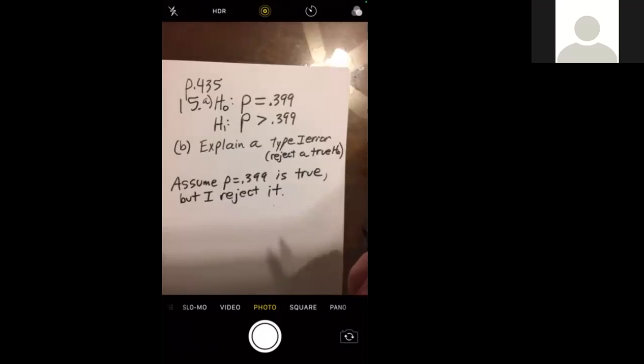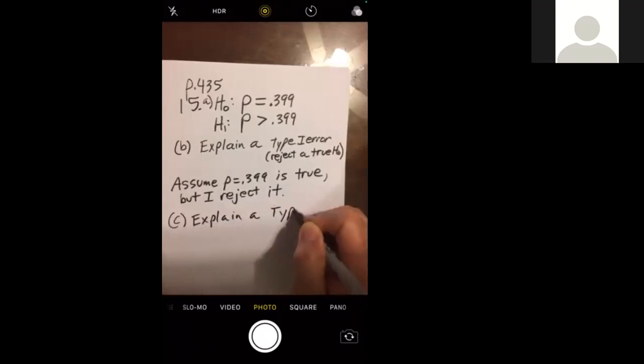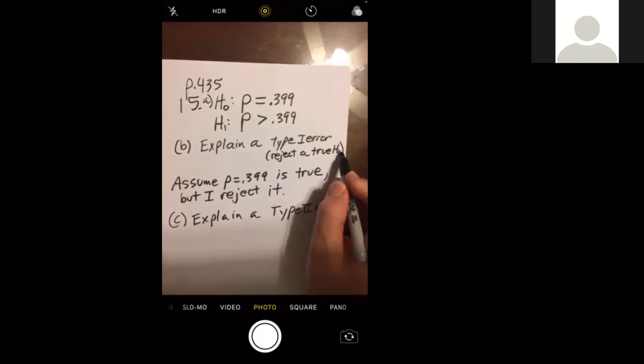Questions about that? No question. Okay. So C, when I go to explain a type 2 error, I don't know if you need me to repeat the definition. You failed to reject a false null hypothesis. The errors all work off your null hypothesis.